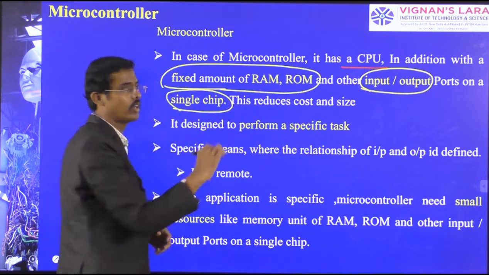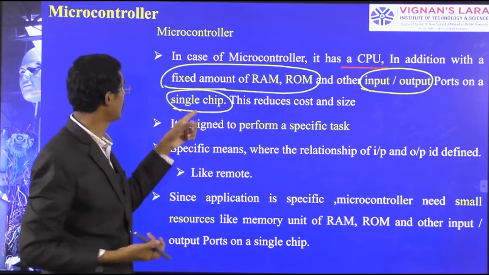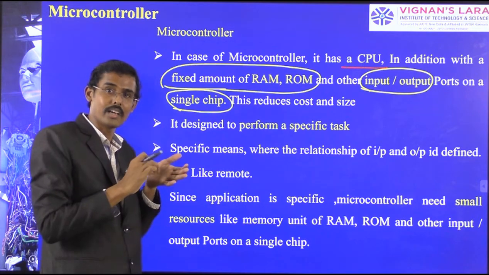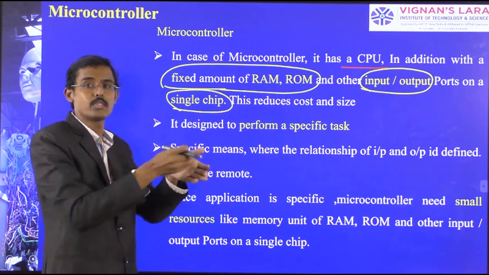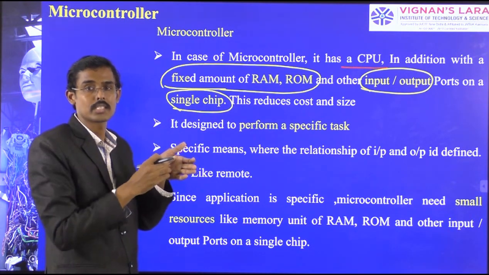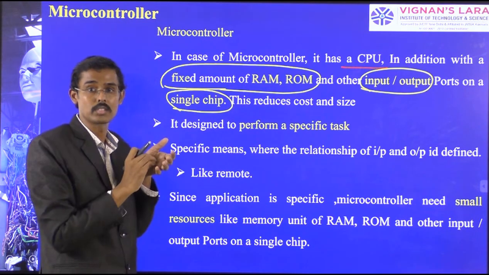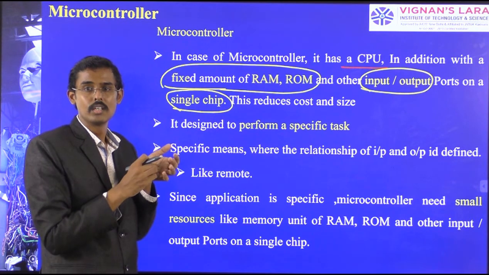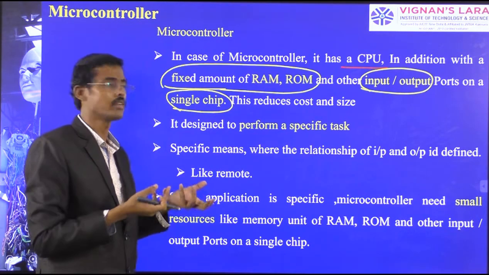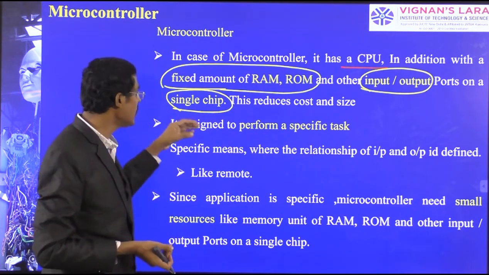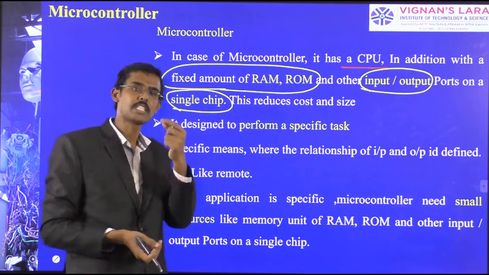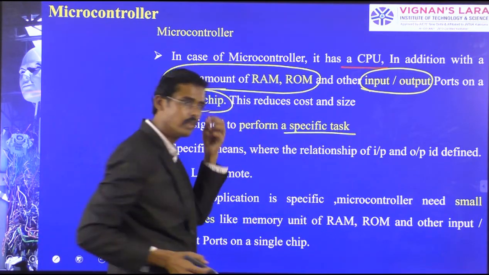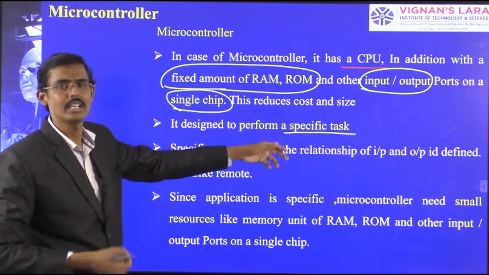In a pen drive we have one input and one output taken as a single chip, but it also contains the processor to do the transfer jobs. It also has the address bus, control bus and data bus. It also has memory of 16 GB, 256 GB, like the 64 GB phones we are using. It is designed to perform a specific task, like the pen drive doing the transfer.